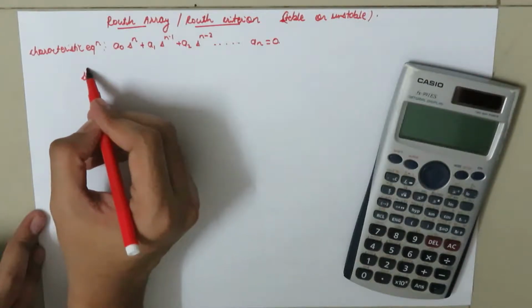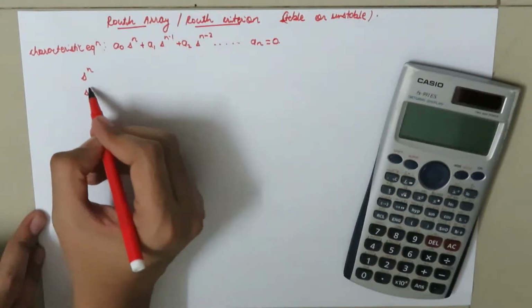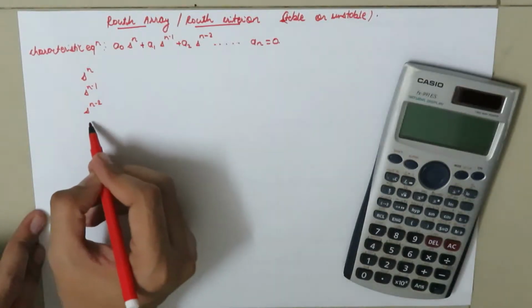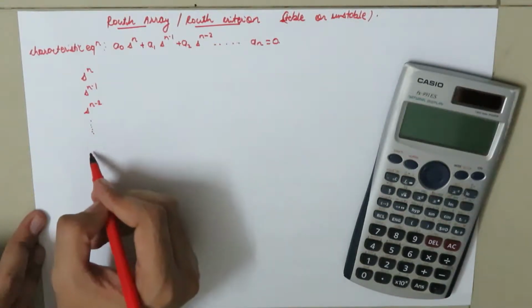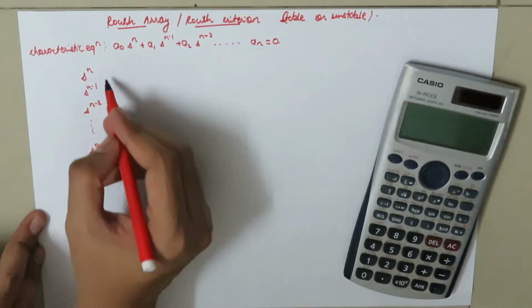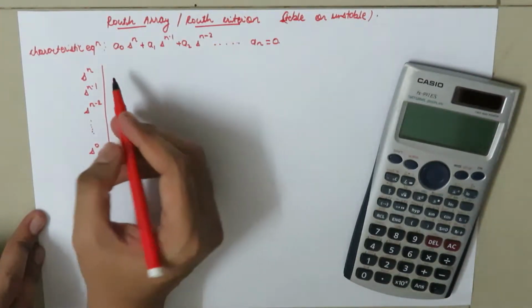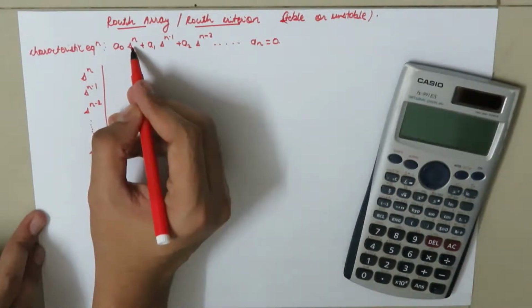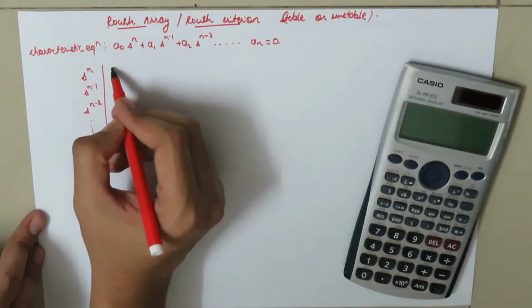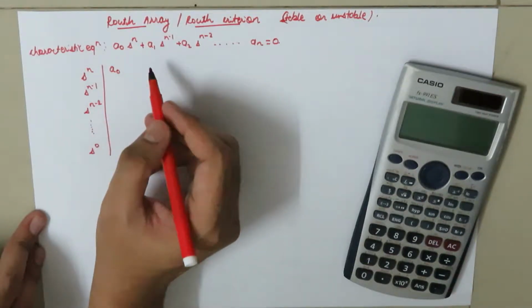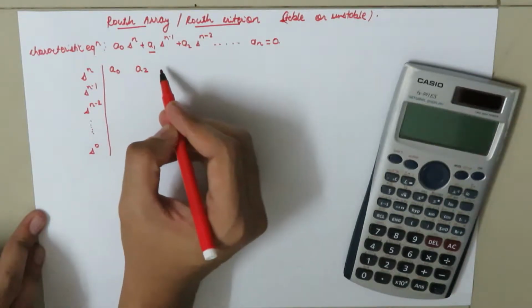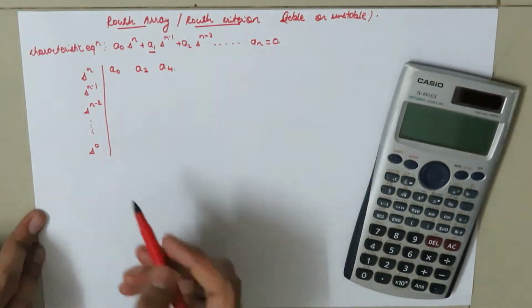So this is s to the power nth row, s to the power n minus 1th row, s to the power n minus 2 row, and we are going to continue up to s to the power 0th row. Now the corresponding elements in the row will be: the coefficient of s to the power n is a naught, so we consider a naught, neglect a1 and write a2, neglect a3 and write a4.